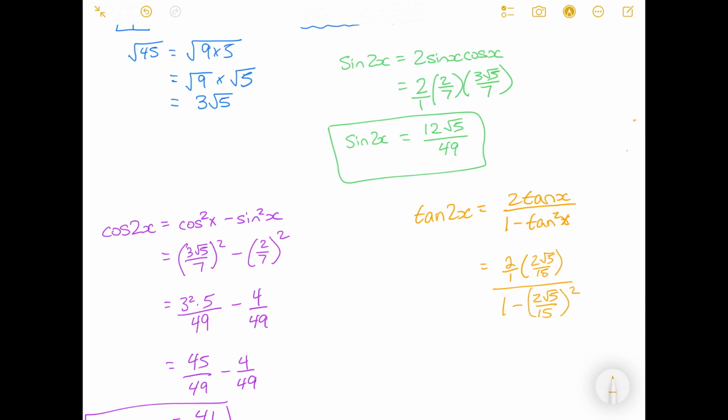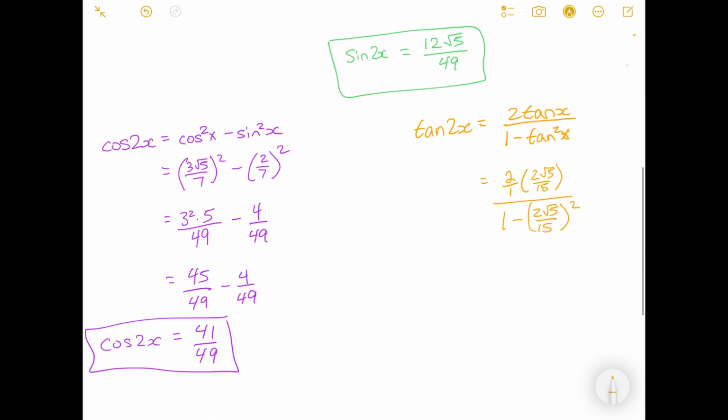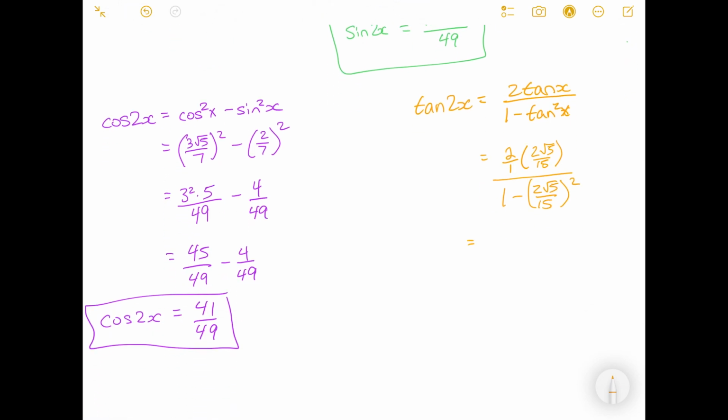Ugh. We just got to keep working it. So let's work on the top a little bit. 2 times 2 is going to be 4 root 5 over 1 times 15, 15. And over here, I've got 1 minus, well, 2 squared is 4. Root 5 times root 5 is 5 over 15. Okay, 4 root 5 over 15.